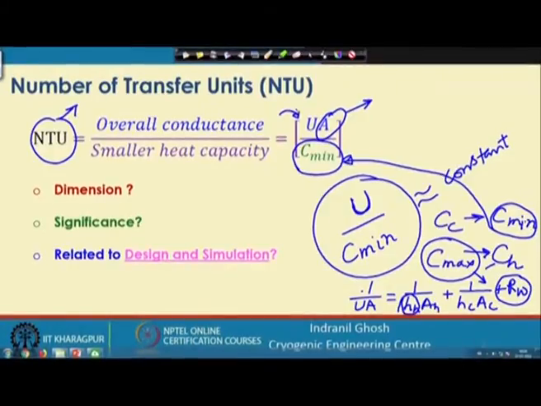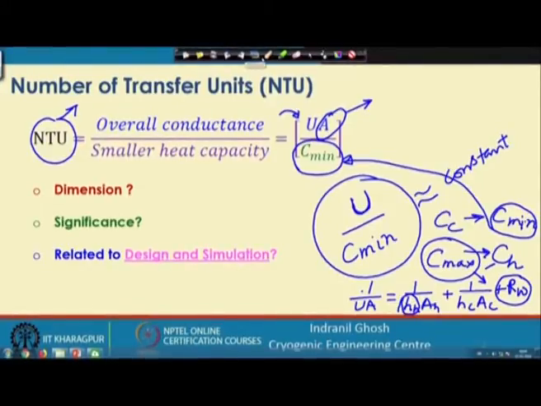Now, this NTU can be an effective means in the design, when it is related to the effectiveness of the heat exchanger. We will find that this gives certain advantages in the design and simulation of the heat exchanger.